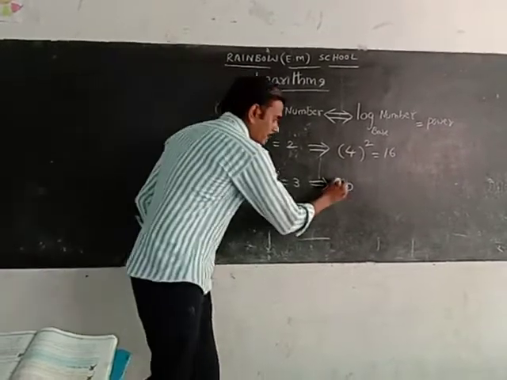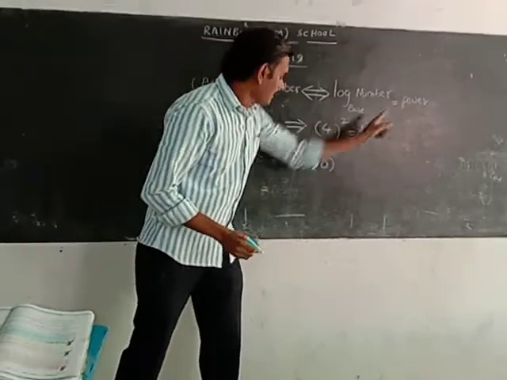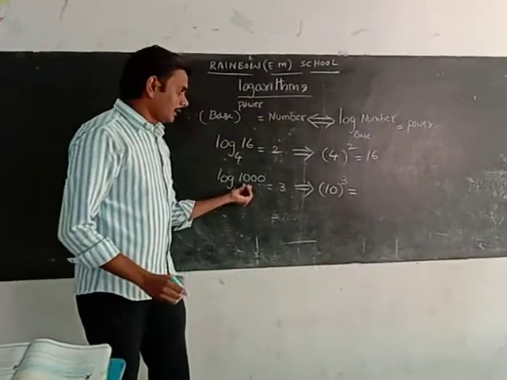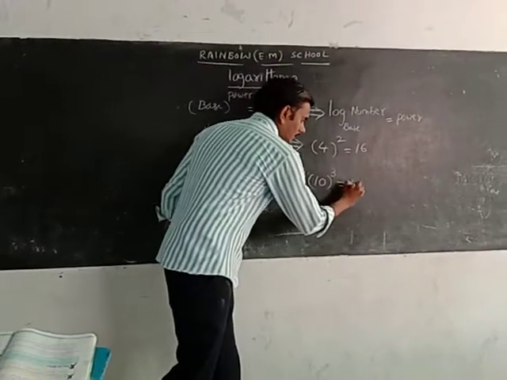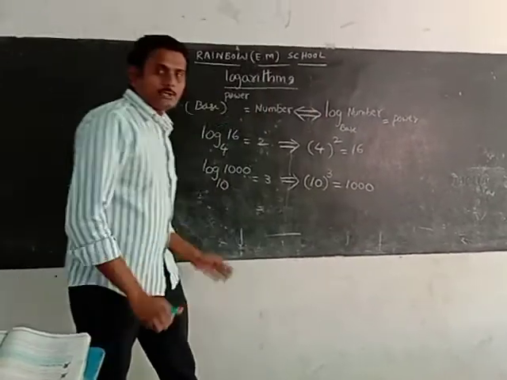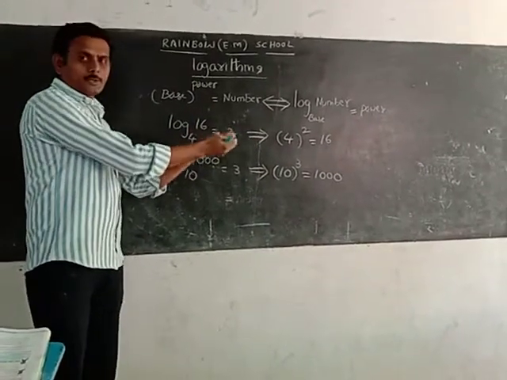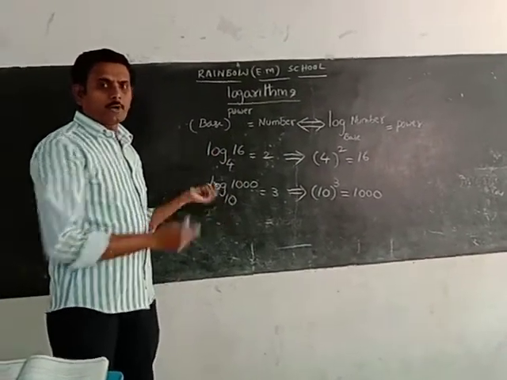The number is 1000, the base is 10, the power is 3. Base raised to the power: the power here is 3, so we write 10 to the power 3 is equal to 1000. This is the basic concept of converting a logarithm to exponential form and back.